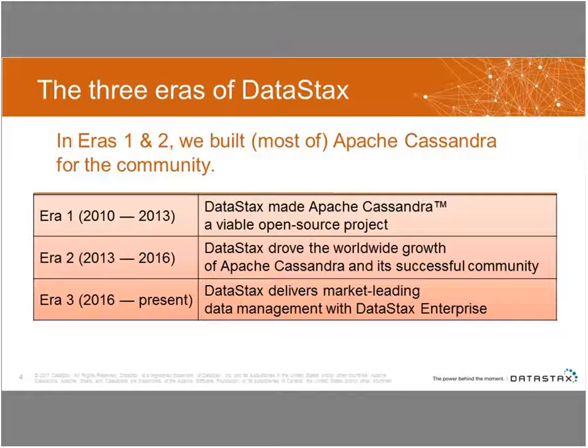And that was achieved via events around the world. That was achieved by building world-class documentation. That was achieved by building courses and training, both online and in person. And so now today what you have is a thriving community that is very successful with the Apache Cassandra project, but also there's a vast community of trained resources able to handle it.